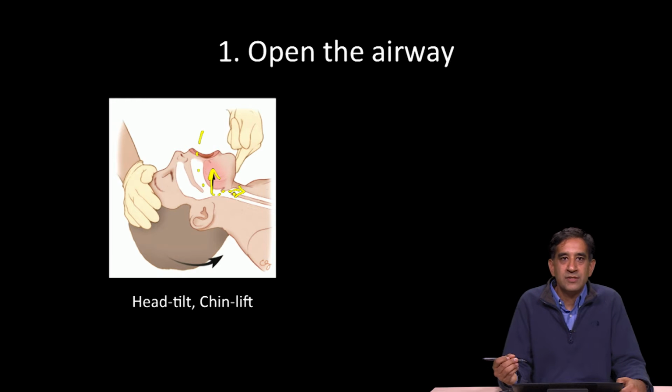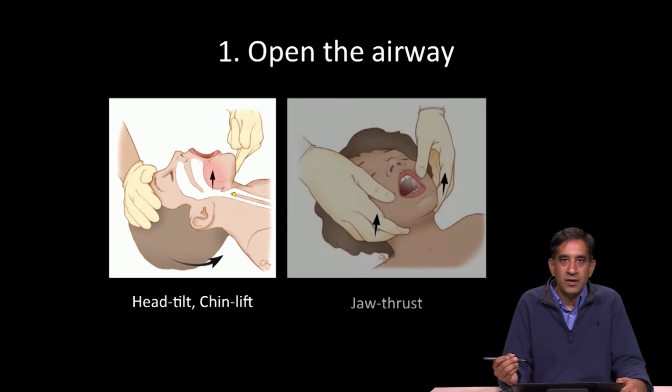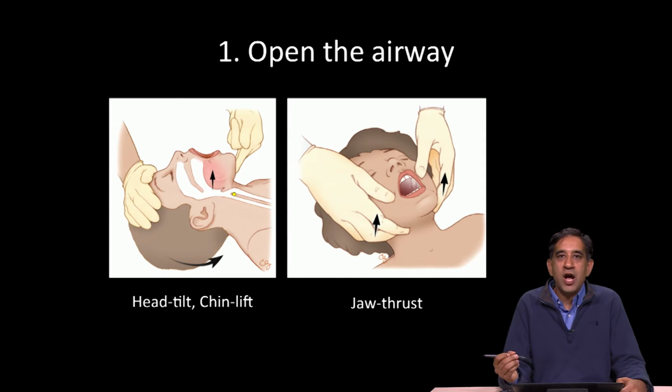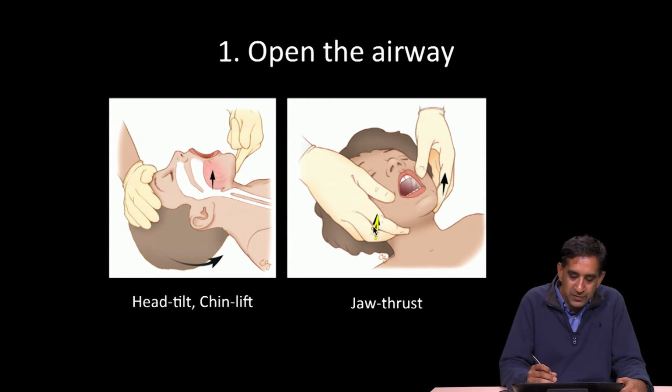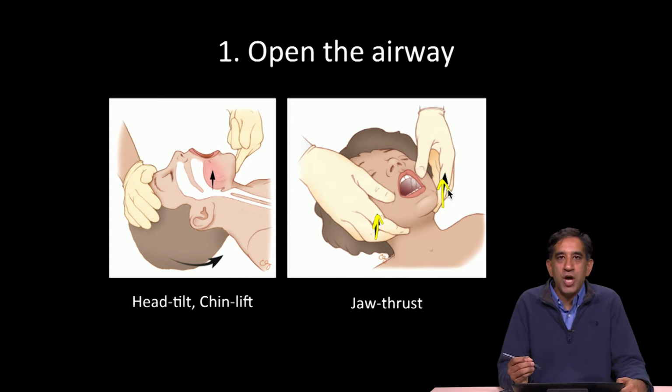The head tilt chin lift maneuver. An alternative maneuver to the head tilt chin lift is the jaw thrust maneuver, where we grasp the angle of the mandible on both sides and pull the jaw forward, essentially achieving the same thing, which is pulling the tongue forward and relieving the obstruction of the airway from the tongue.